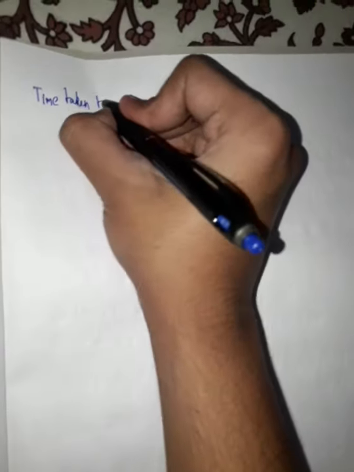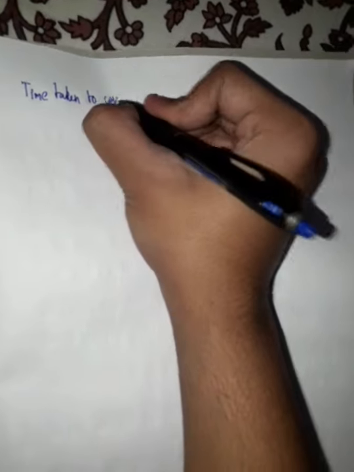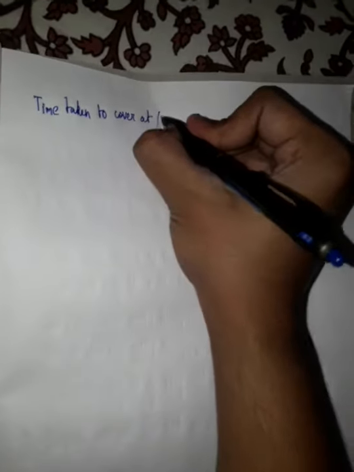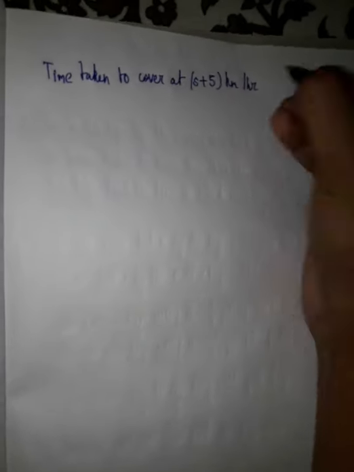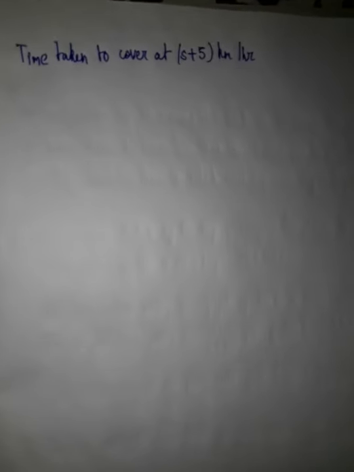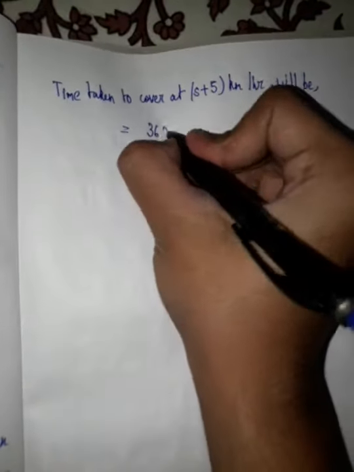So then from the new speed, time taken to cover at s plus 5 kilometers per hour will be how much, guys? The same procedure, 360 was the total distance.